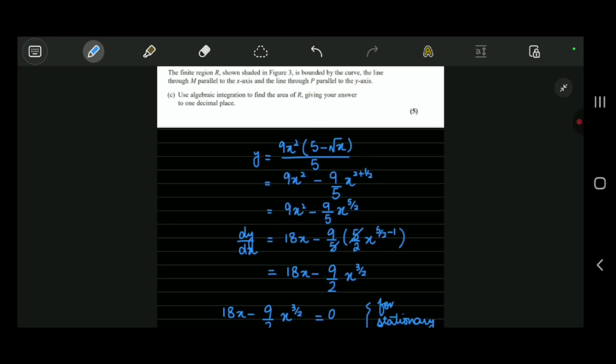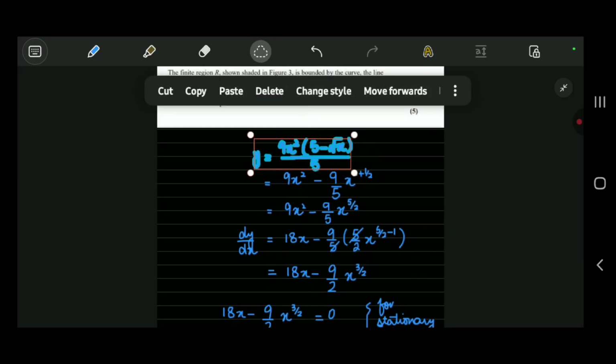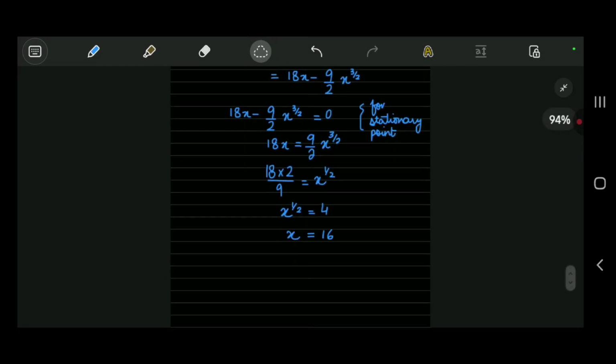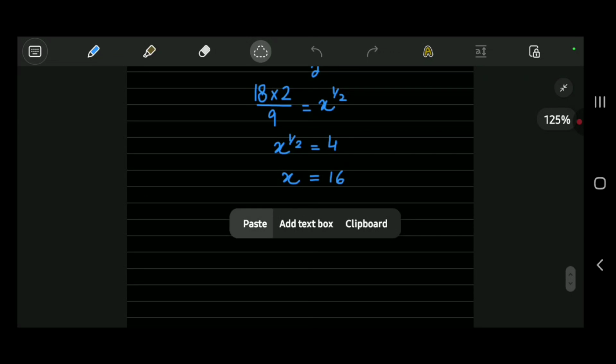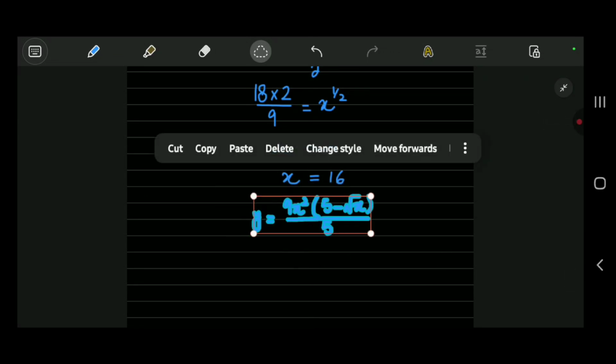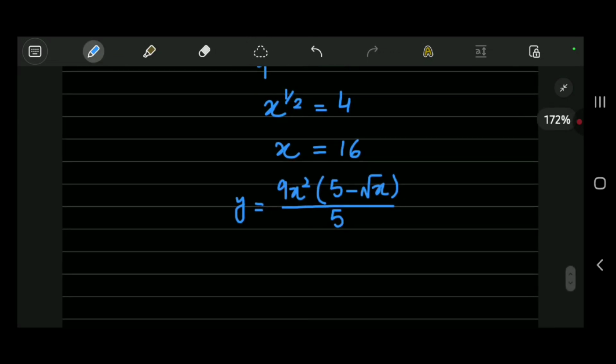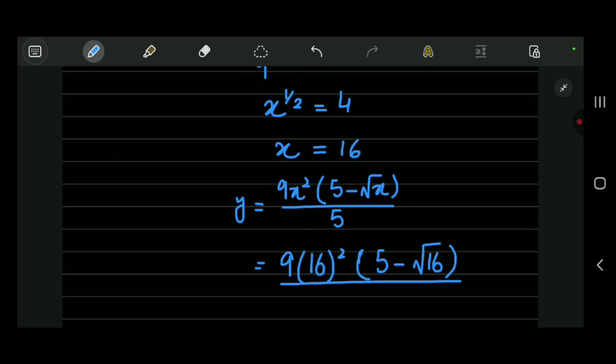Now we need to find the y coordinate as well. So we can plug in this value in this original equation or the version we simplified. So I'm just putting in here this value, 9 times 16 square over 5 times 5 minus square root of 16.